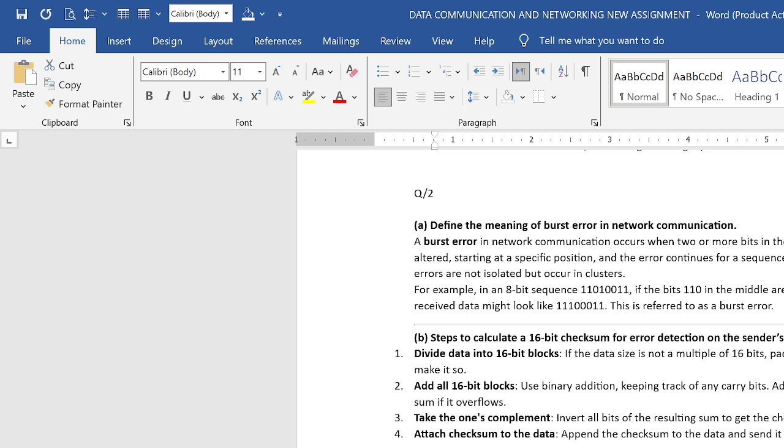For question 2, we have two types of errors. First one is burst error. So burst error in network communication. A burst error refers to multiple bits being corrupted during transmission, occurring in a consecutive sequence. Understanding this concept is crucial for designing error detection systems. So you have checksum, that I have also explained, and cyclic redundancy.